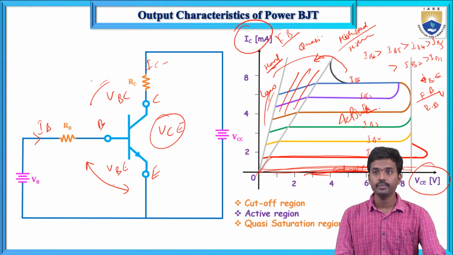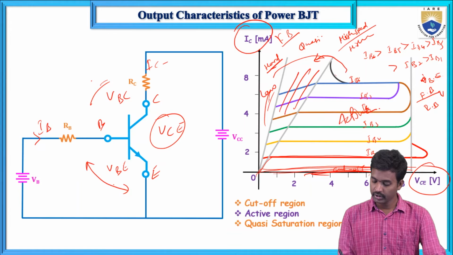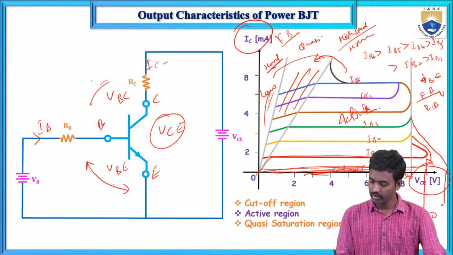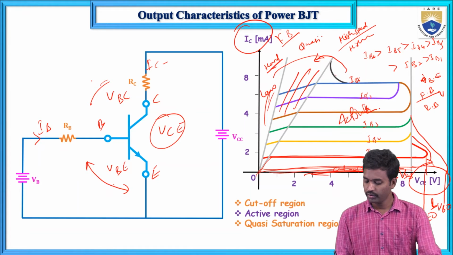Now here this is BVSUS, next this is VCEO, and next this is VCBO.